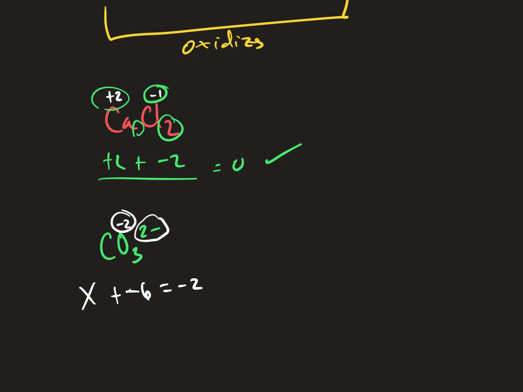You with me? So now let's do basic algebra. We add 6 to both sides. And our oxidation number for carbon is, since there's only one of them, it takes that whole charge, right? It is +4. Are we good?